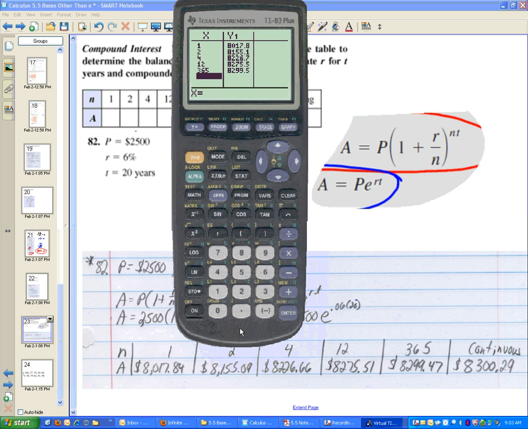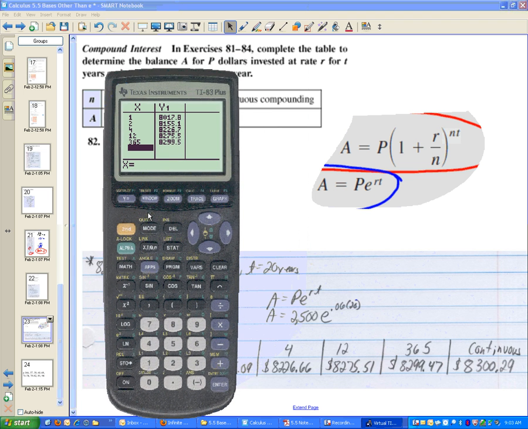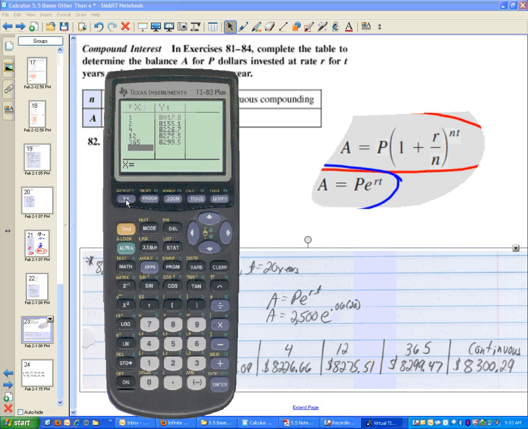All right, so that gets us the first part of the chart. And then the second part, we need to use our second equation. So let's go back to y equals. I'm going to turn that one off. So that'd be 2,500 times e to the 0.06 times 20.